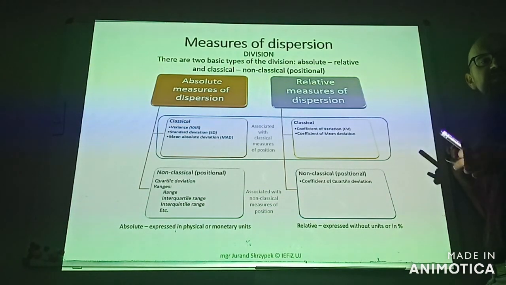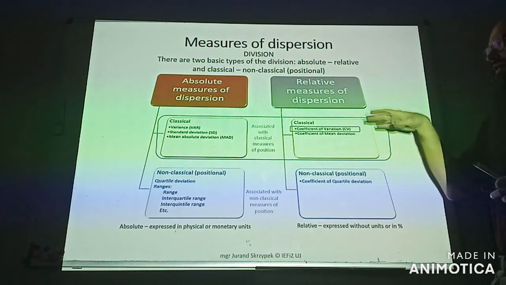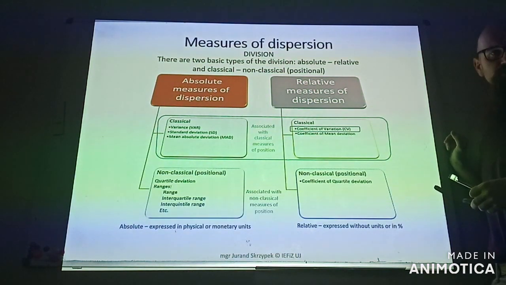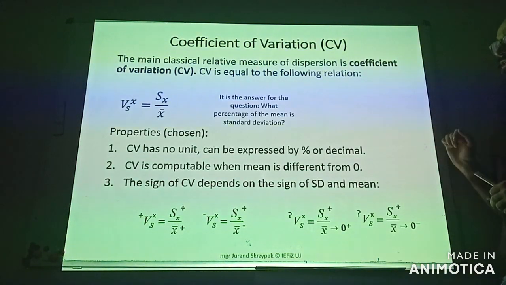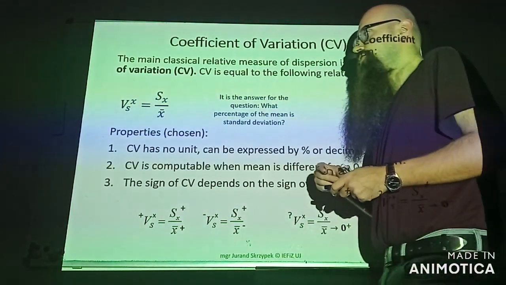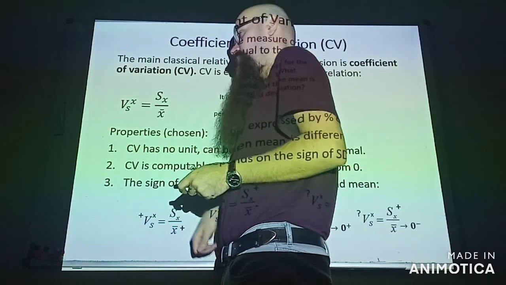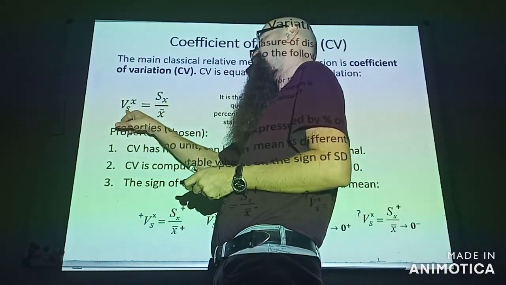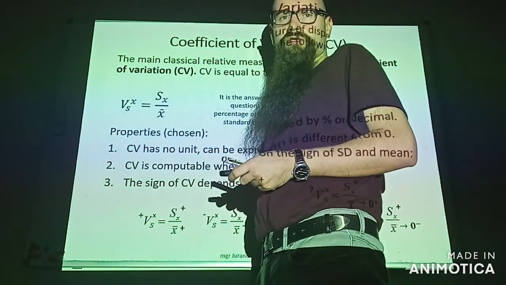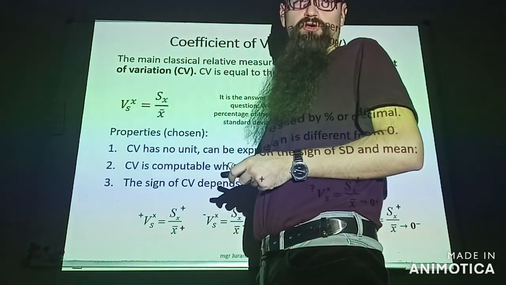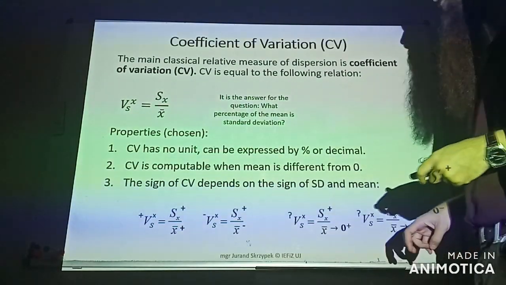Fine. Let me say a few words about the coefficient of variation, an example of the relative measures of dispersion. Coefficient of variation is the main classical relative measure of dispersion. It can be denoted by the symbol of capital V with a subscript, which indicates the measure that has been used in the construction of this relative measure of dispersion.